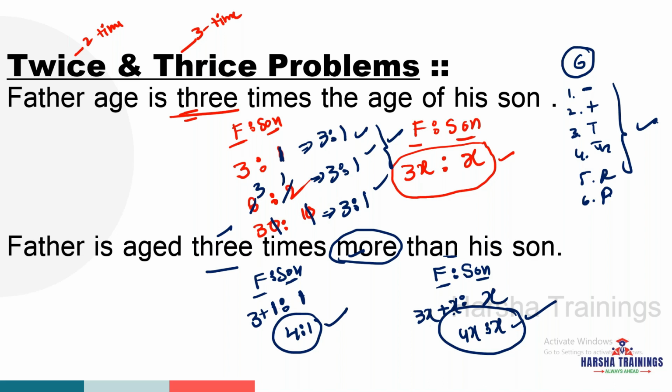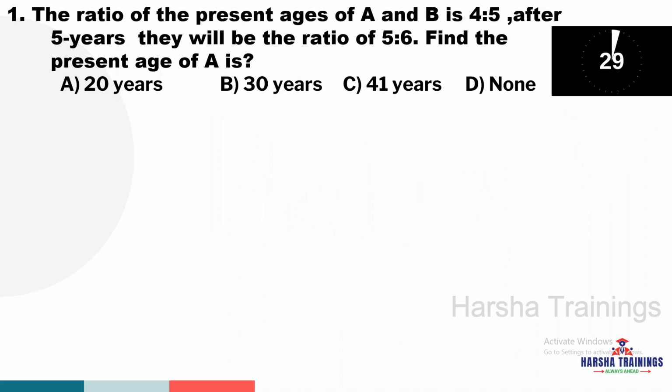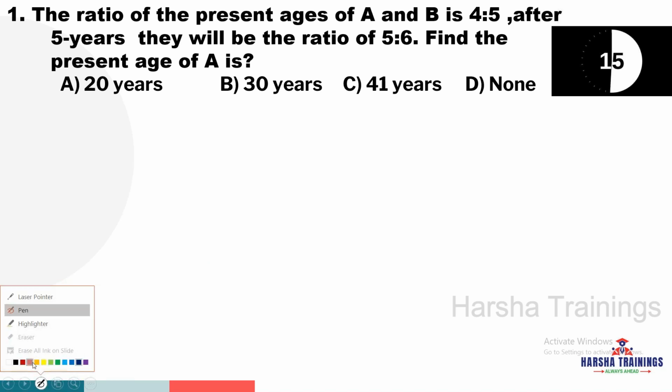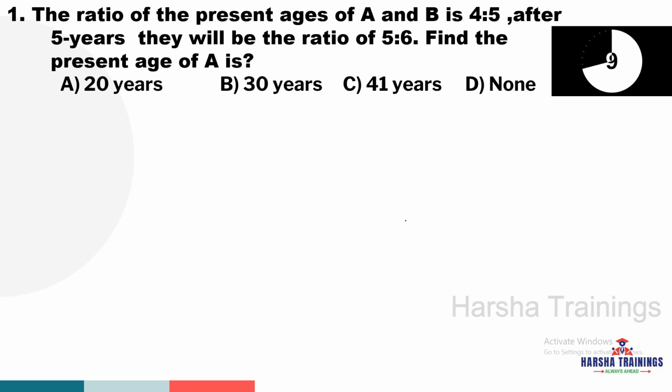Look at the screen, guys. First problem: the ratio of the present ages of A and B is 4:5. After 5 years, the ratio will be 5:6. Find the present age of A. I think it is very easy, but first I'm going to use the basic method. After that, we will use the shortcut method and the option verification method.